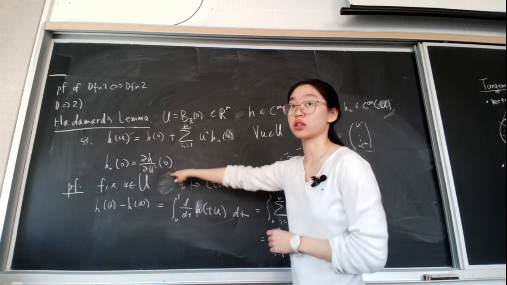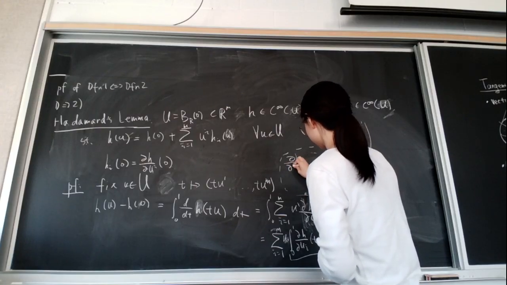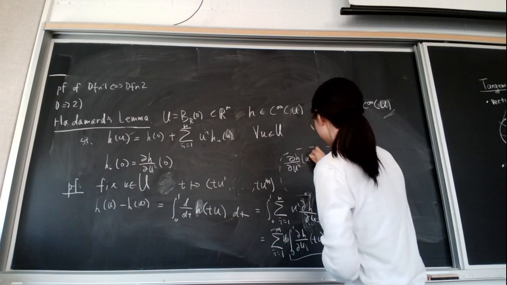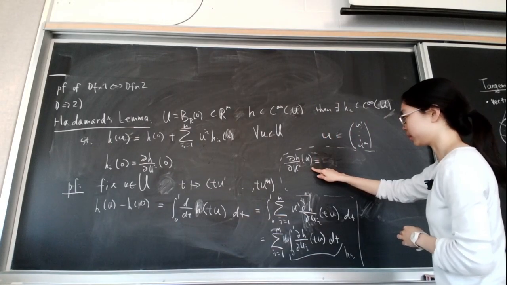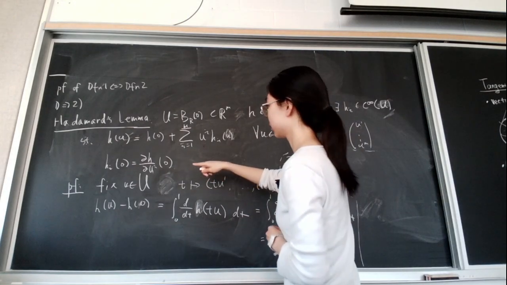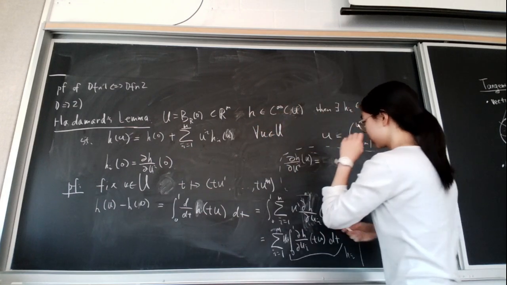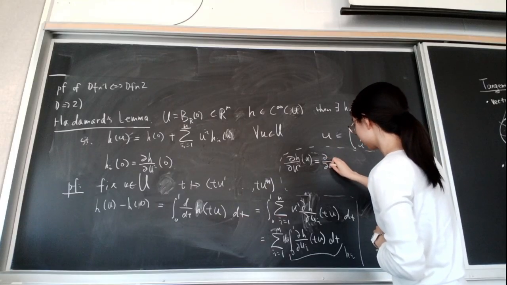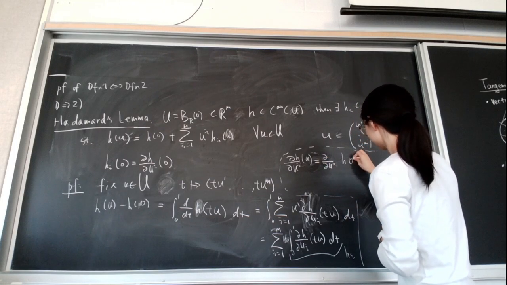Let's just check if this is true. Partial h, partial u_i of u is equal to, we just plug in this formula. So that's equal to partial u_i of h of 0.